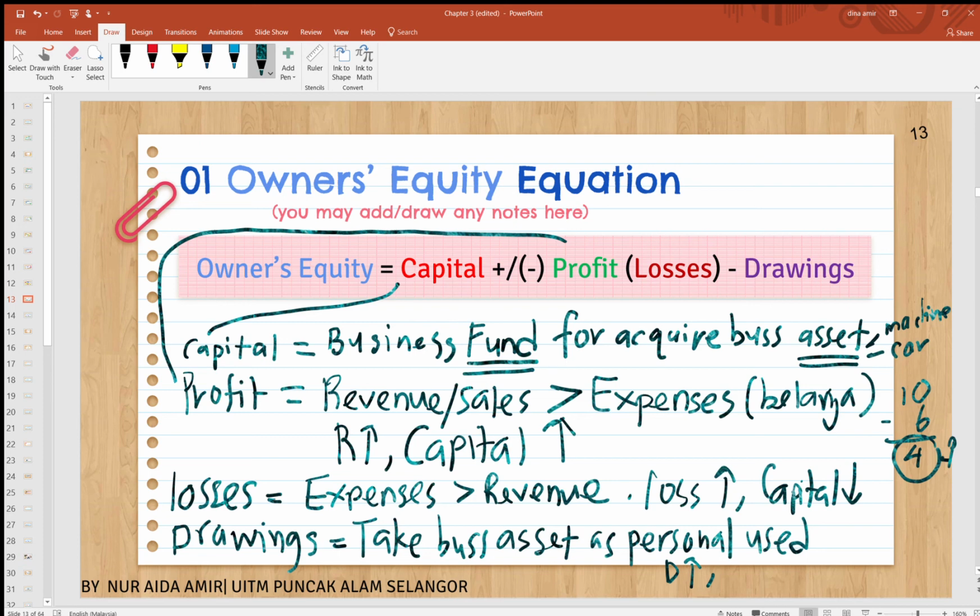Okay, so when you do drawings, your capital of the business, your fund of the business automatically will be low, and this will contribute to the lower of your equity. Equity pun automatic jadi low. Okay, that is the honest equity questions lah. Sebab honest equity ni kita kena faham betul-betul apa components honest equity ni sebenarnya.